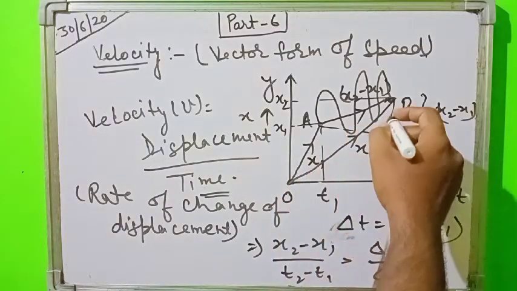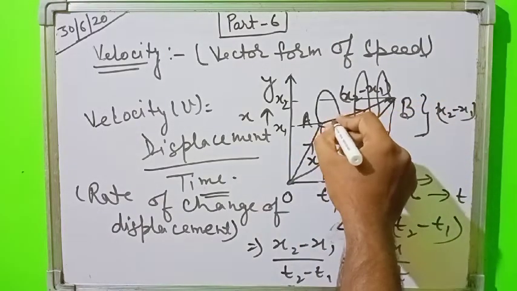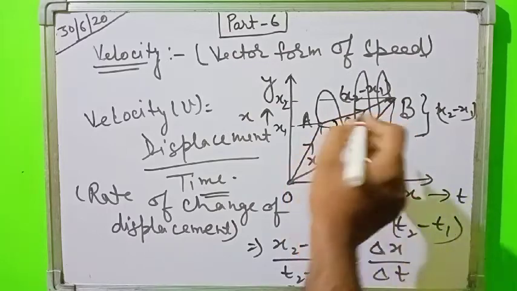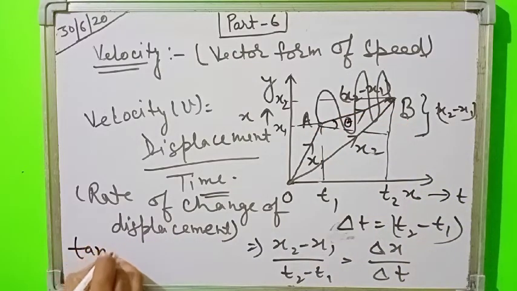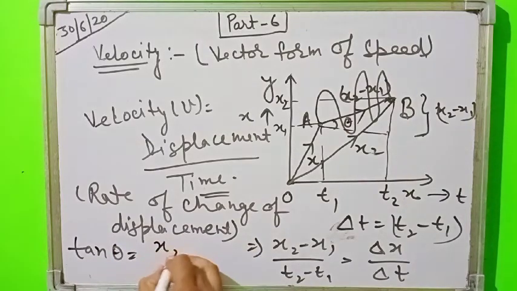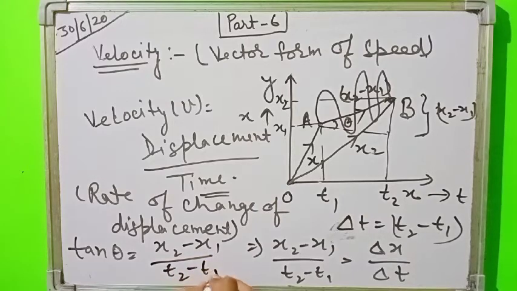It can be given by the slope, tan theta, that is equal to x2 minus x1 upon t2 minus t1.